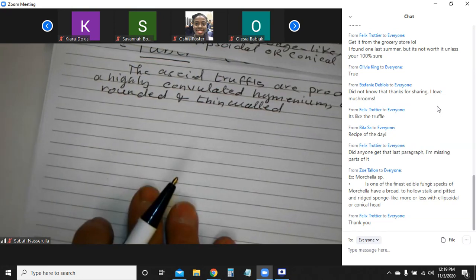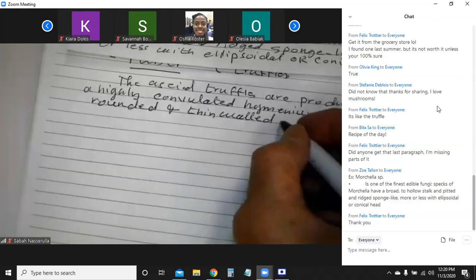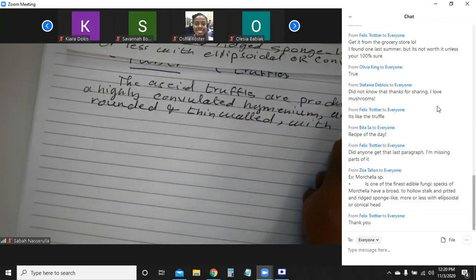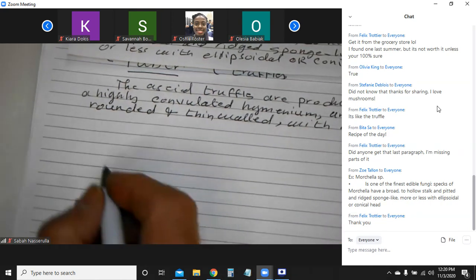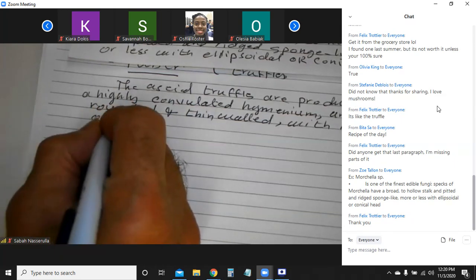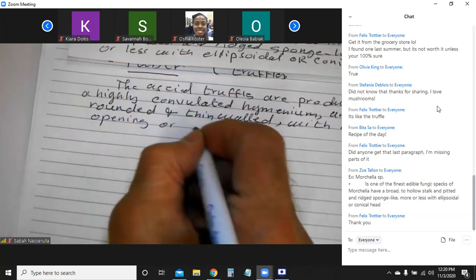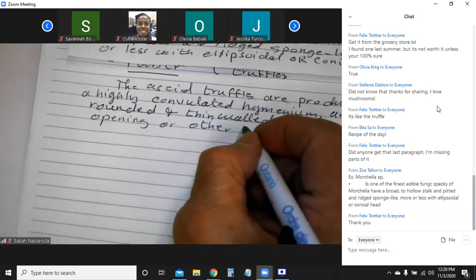Thin wall, okay, with no opening or other shooting mechanism.